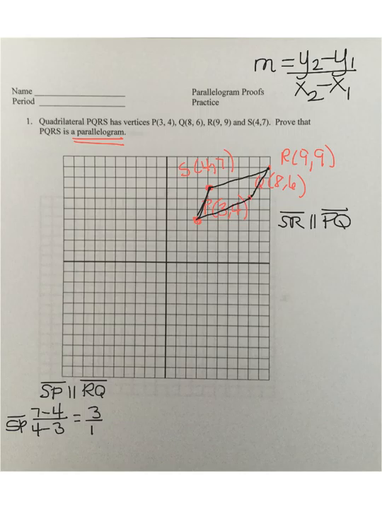And for RQ, nine minus 6 over 9 minus 8, and I get 3 over 1 as well. So we have just shown or proven that SP is parallel to RQ, so we're halfway there.